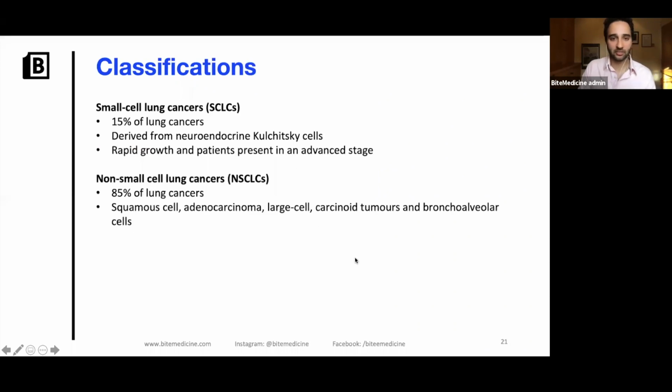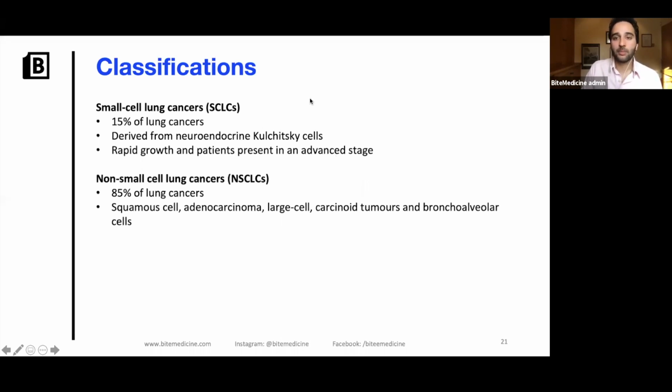So classifications. This is how we're going to differentiate between our small cell and non-small cell lung cancers. Small cell accounts for 15% of lung cancers. It's derived from your neuroendocrine Kulchitsky cells. Very nice name. They grow rapidly and patients present late.